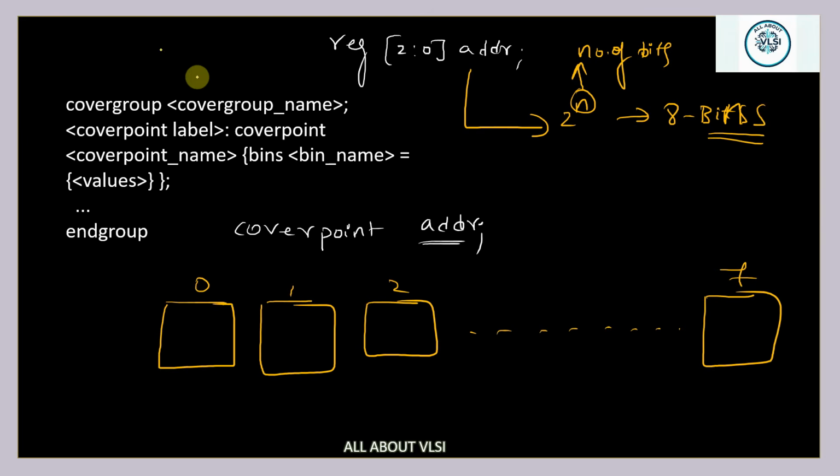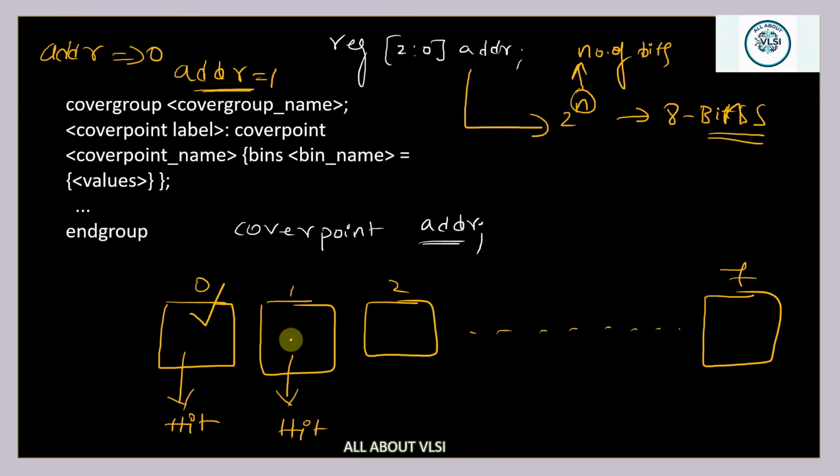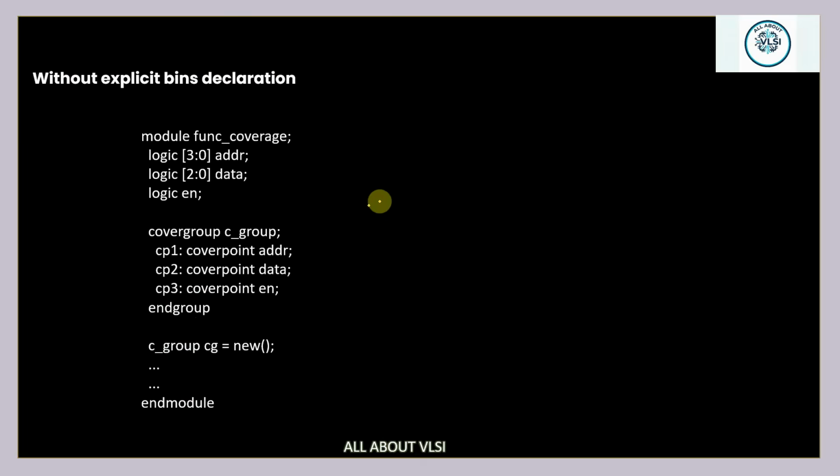Let's say the test bench developer has written a test case where the address value is given as 0, then this bin is said to be hit. And if the developer has written a test case where address is given as 1, then this bin is said to be hit. Suppose the developer only writes a few test cases where only address equal to 0 and address equal to 1 are generated, so only 2 bins are hit.